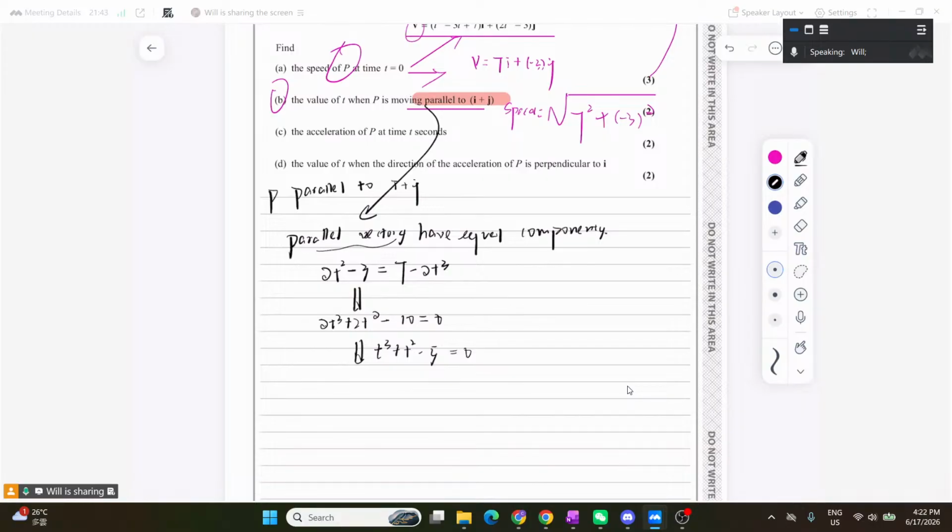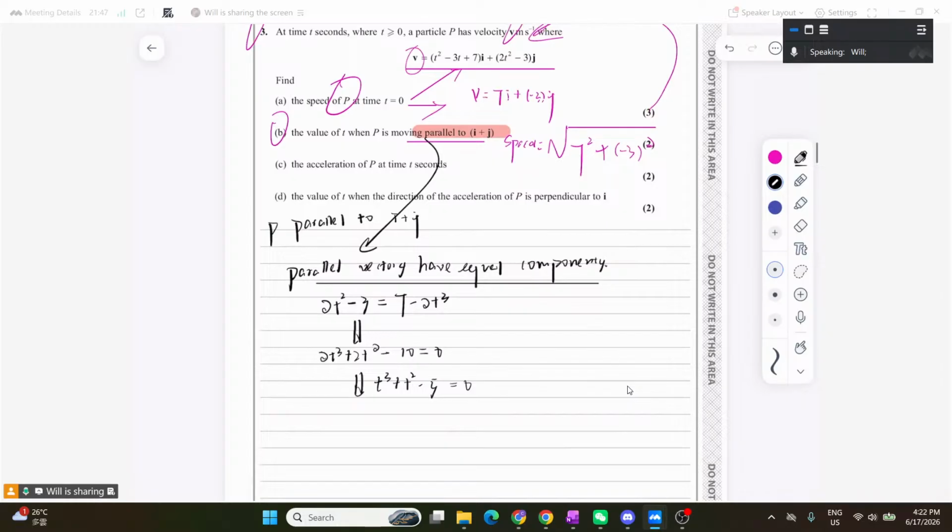We know P is parallel, and parallel means we have equal components, so I established the equation. But where does the 7 minus 2t cubed come from?